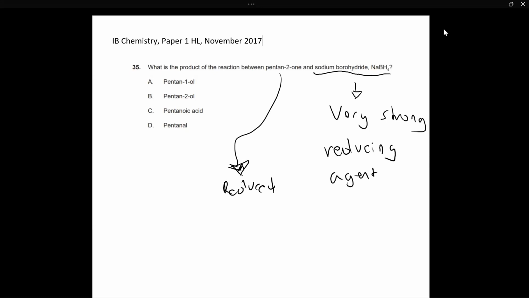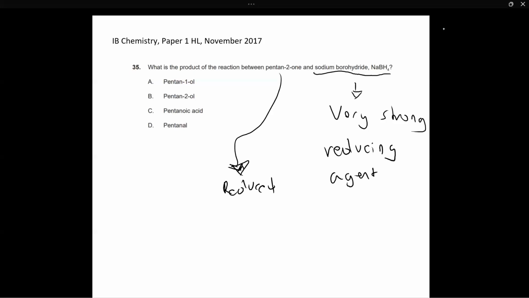Just a quick recap: a reducing agent reduces something else and gets oxidized itself. So sodium borohydride is going to get oxidized and it's going to reduce pentan-2-one. That's why it's called a reducing agent. You can think of it like a real estate agent, who introduces you to a new house.